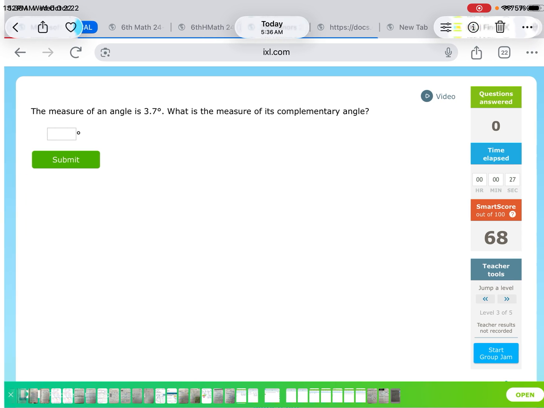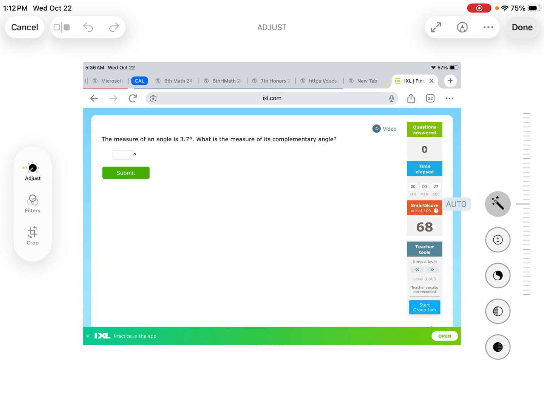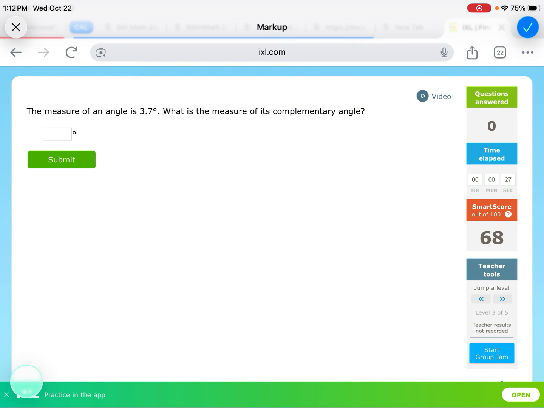Then this is the other type. Just a word problem. The measure of an angle is 3.7 degrees. What is the measure of its complementary angle? Complementary means 90 degrees. So when somebody gives you a compliment about yourself, you feel right.